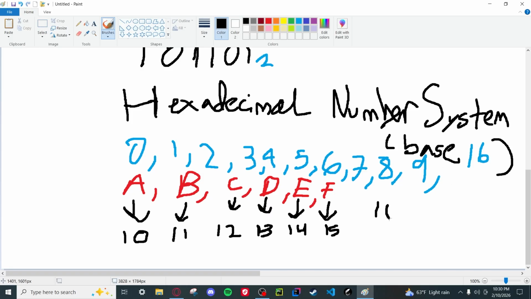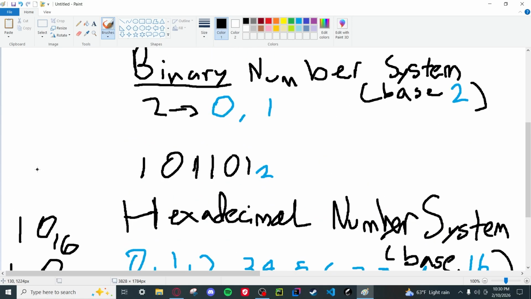There is no 10 in base 16. Why is there no 10? That's a good question. Because if you're writing 10 in base 16, how would a computer know that you're not just trying to write 1 and then 0, like how in binary you could write it like this, with each of these being one individual number?